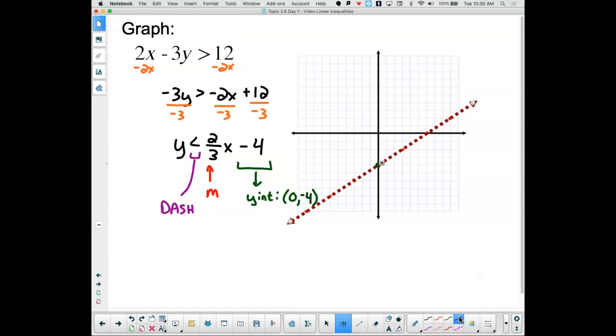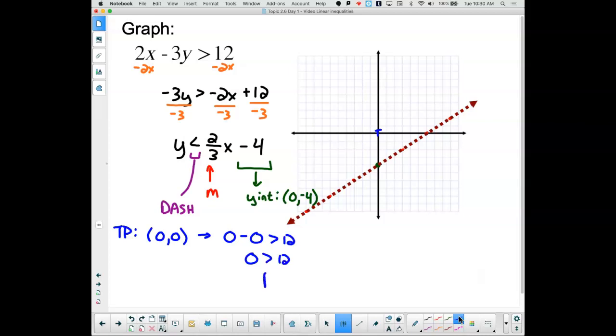Test point then. I again can try the origin. I don't have to always try the origin, but the origin is the easiest one to try because both x and y terms go away. So 2 times 0 is 0, minus 3 times 0 is 0, and I get 0 is greater than 12.